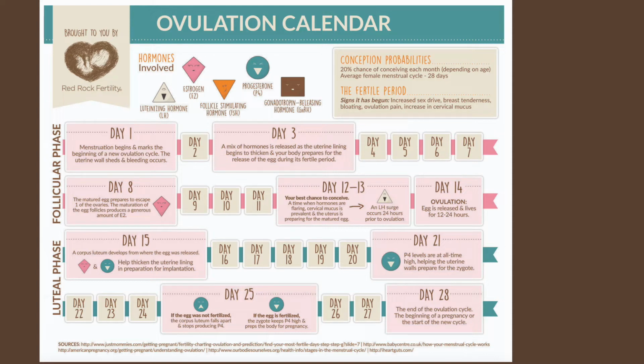Take a look at this chart that you have. You can find many similar charts online. I would highly recommend that you find a couple of these, the ones that suit you, and that you take the time to learn the process of conception, the fertile periods, and the different hormones that interact at each time.